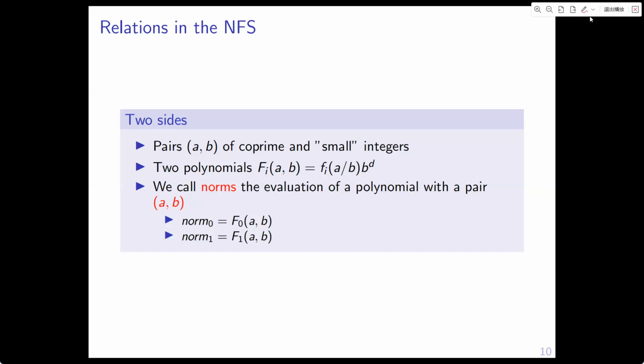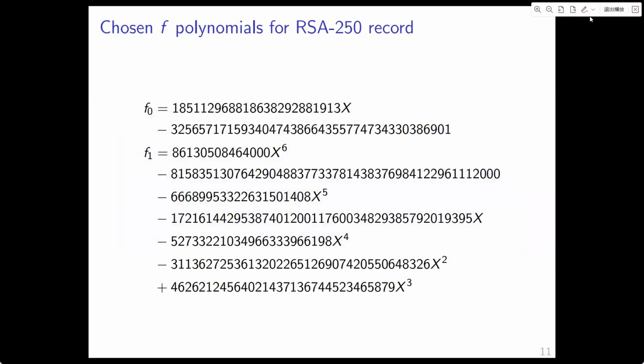Basically, we have two polynomials, and for each pair a, b, we have two norms. One norm on side 0, which we call the rational side, and one norm on side 1, which we call the algebraic side. This is what the polynomials look like. Those were chosen in the 250 record.